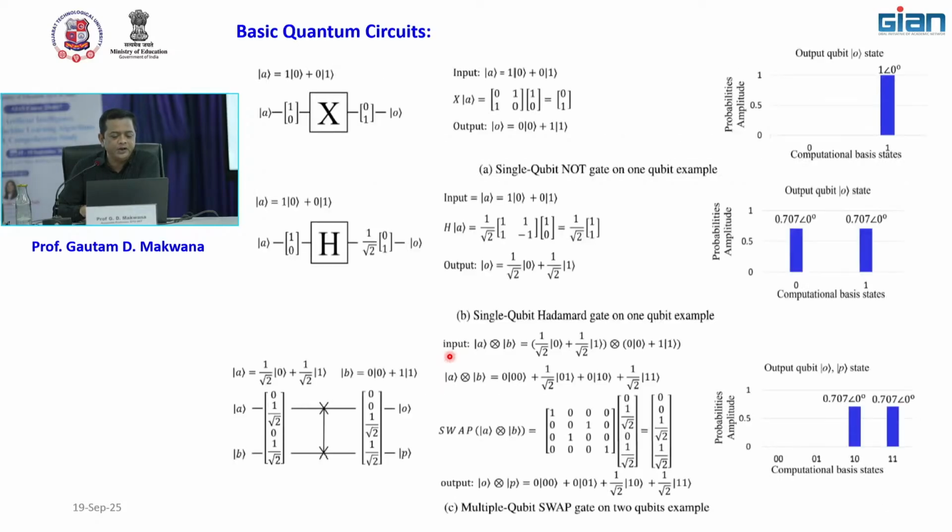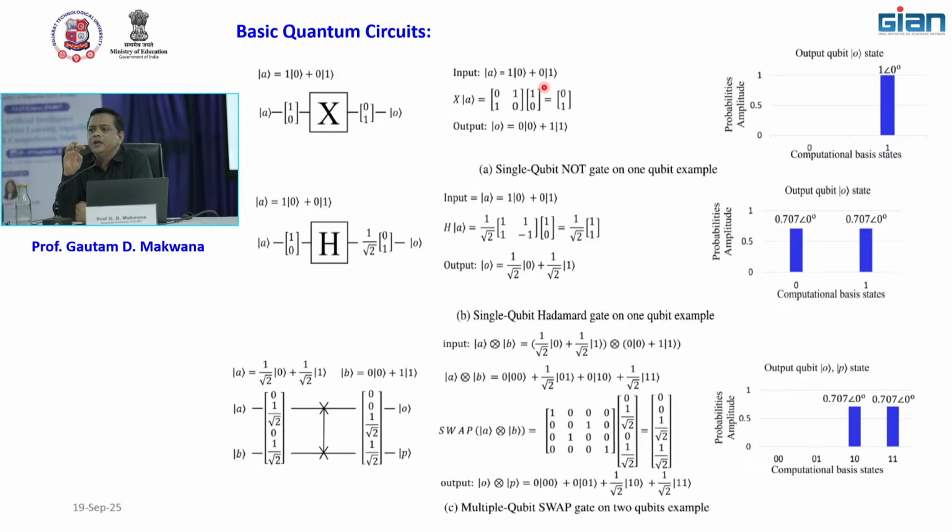This is a simple basic quantum circuit. So this is your X gate. Input is 1 0, and output is 0 1, so it is inverted. This is just a matrix formulation, like how in classical digital circuits we perform all the logical operations.